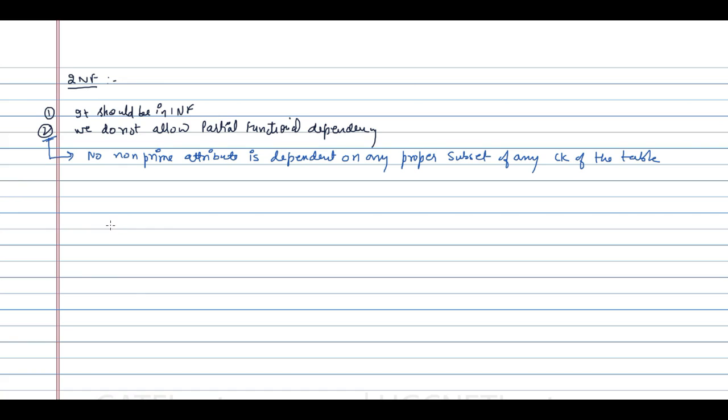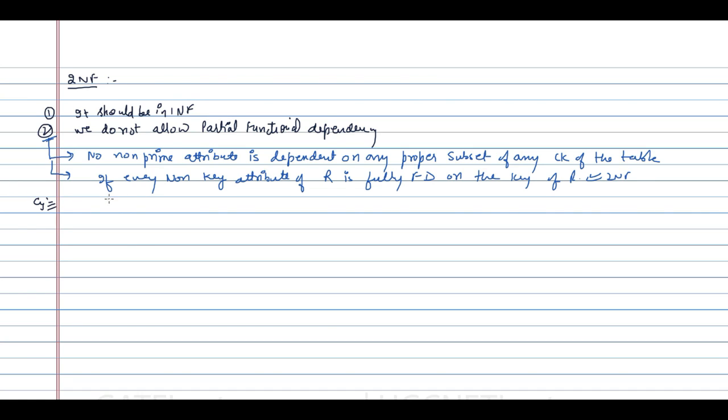So we can also write it like this: a relation schema R is in 2NF if every non-key attribute of R is fully functionally dependent on the key of R. Then the relation is called 2NF.